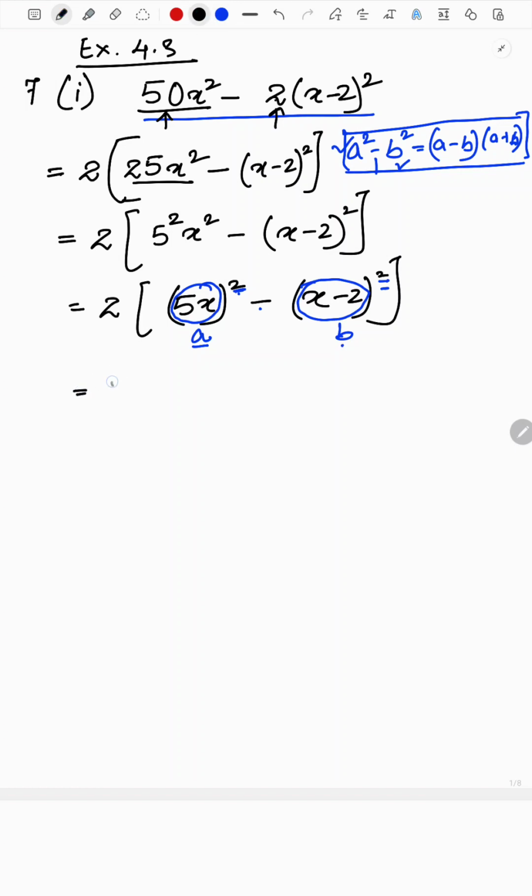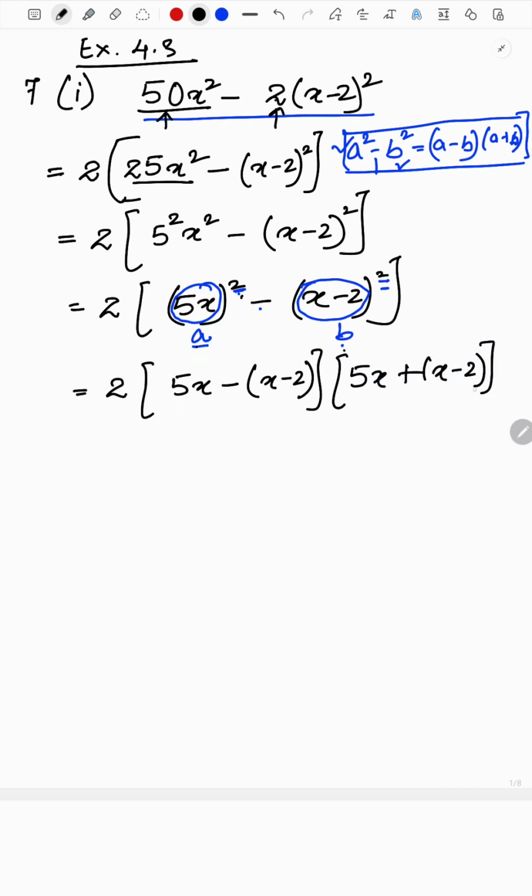So now let's expand the one that you have within the bracket, that is a square minus b square, in the form of a minus b into a plus b. So this is what we get. Now let us simplify further. Let's remove the bracket, this bracket.